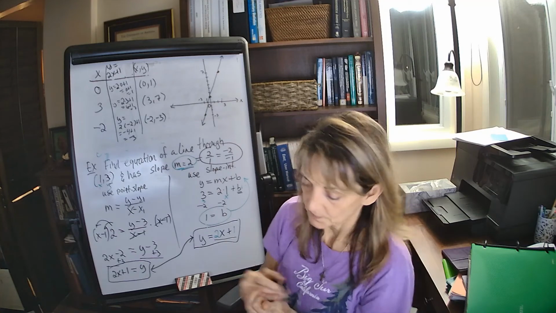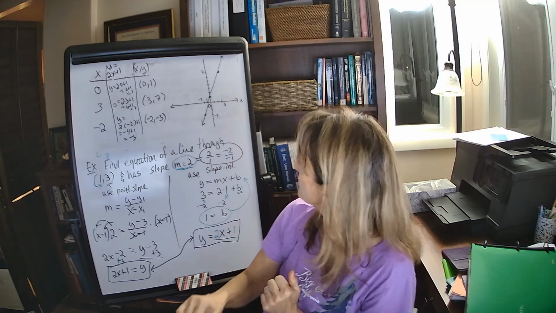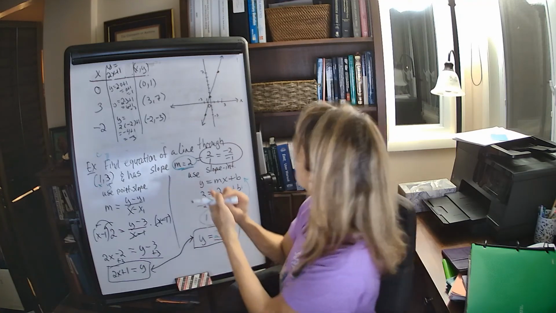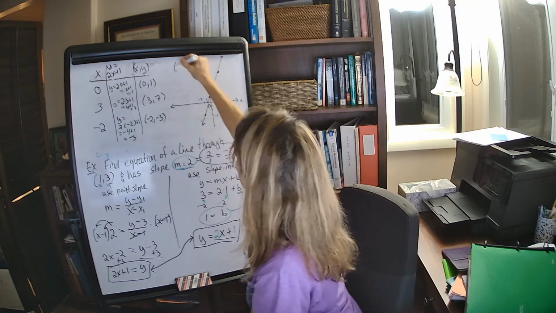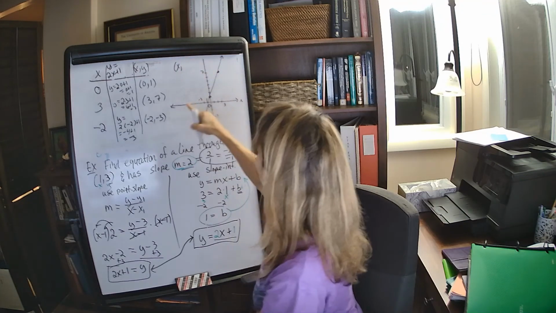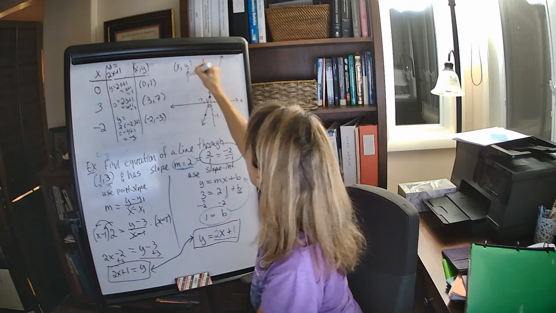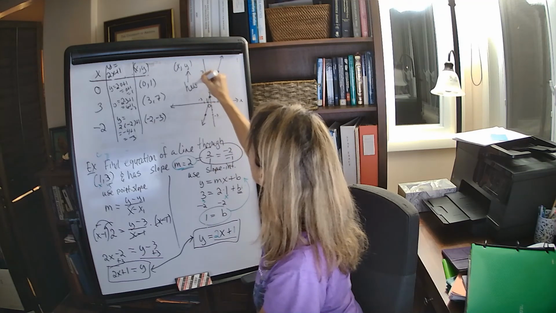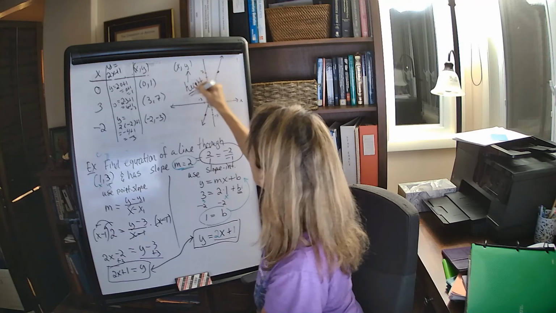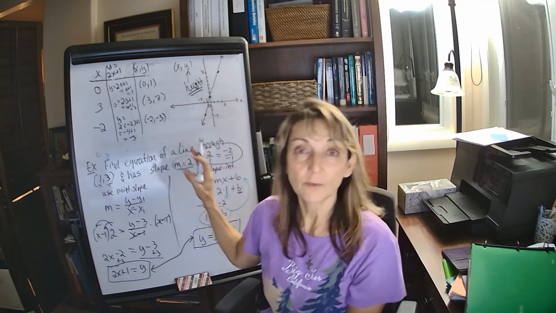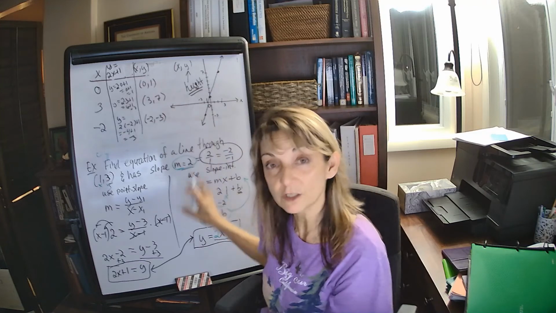Okay. One really important thing I want to be very clear on is that when you have an ordered pair, x is the location left and right, and y is the height. And what we often care about when we are talking about equations of lines is the height.